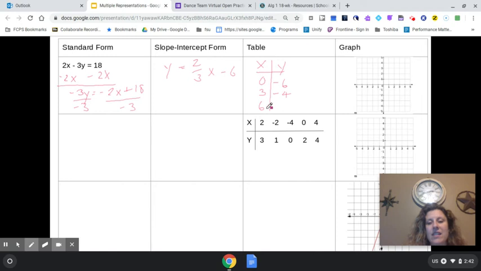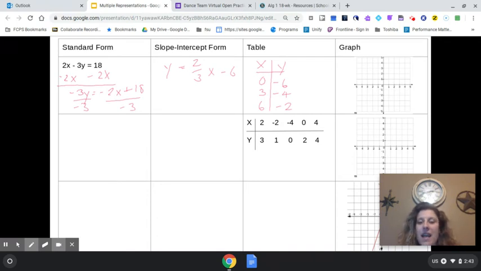All right, the last x value I picked was 6. 2/3 times 6 is 4, and 4 minus 6 gives me negative 2. You can see why I picked those x values: it gave me whole numbers out for y.